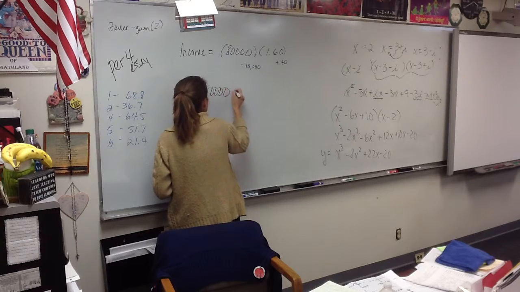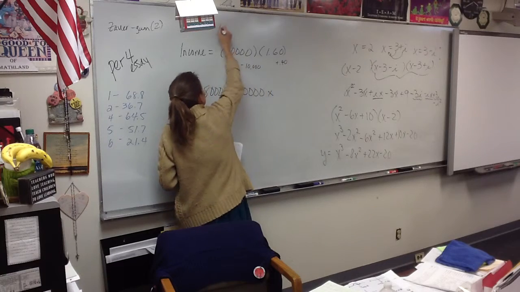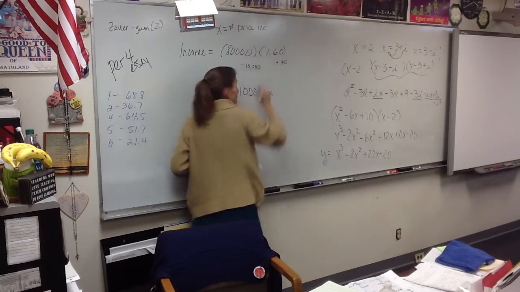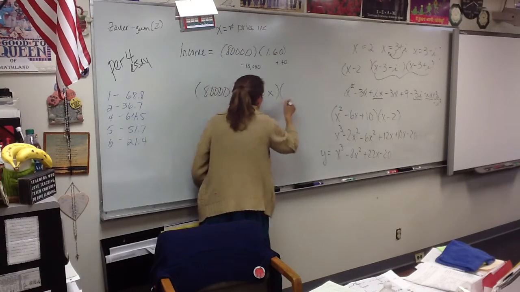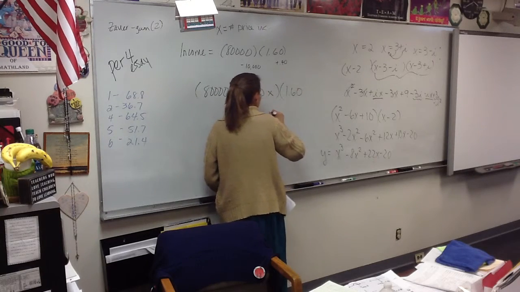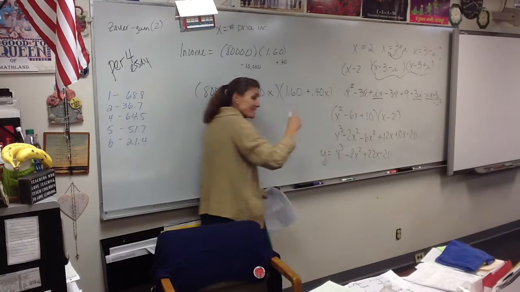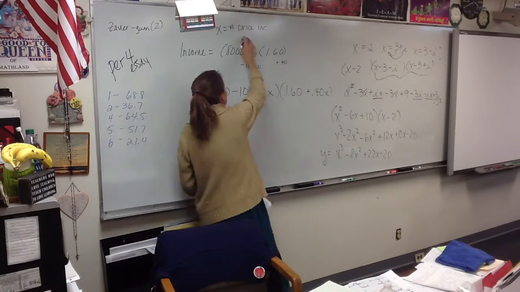So 80,000 minus 10,000x, if x is the number of price increases, and then what will my price be? It starts out as $1.60, plus 40 cents, but it's going up in 40-cent increments. So 40 cents for every x.